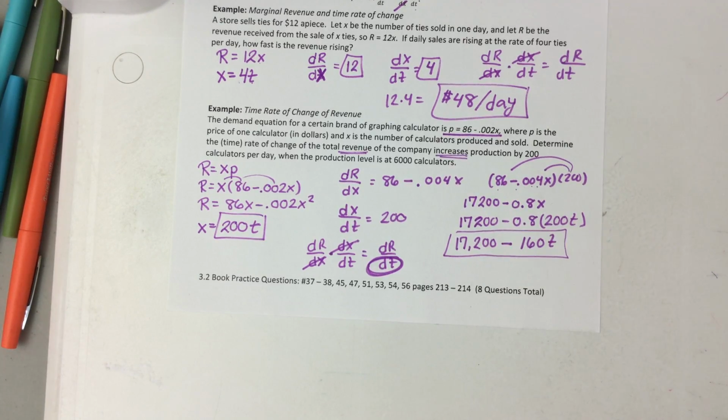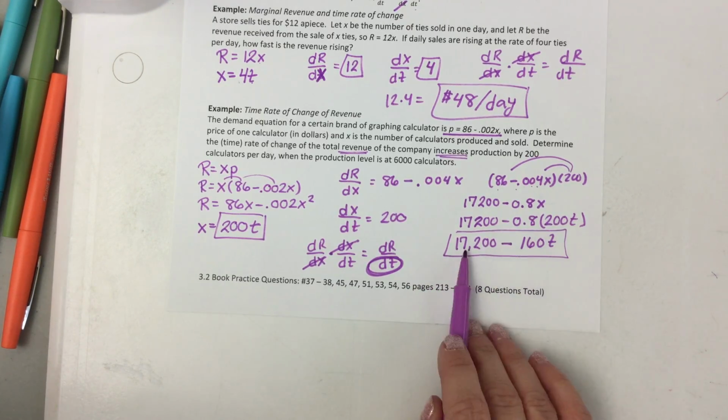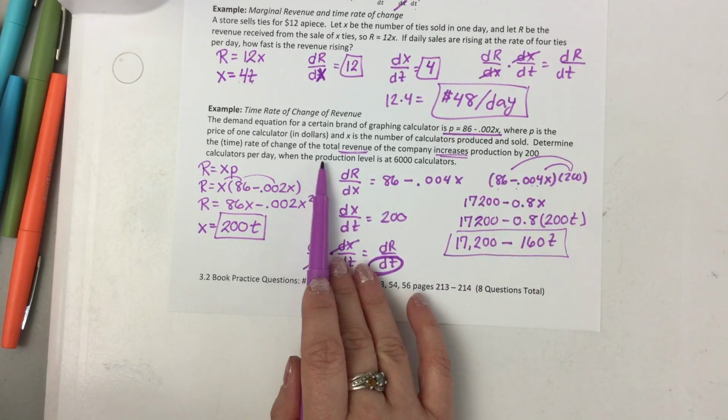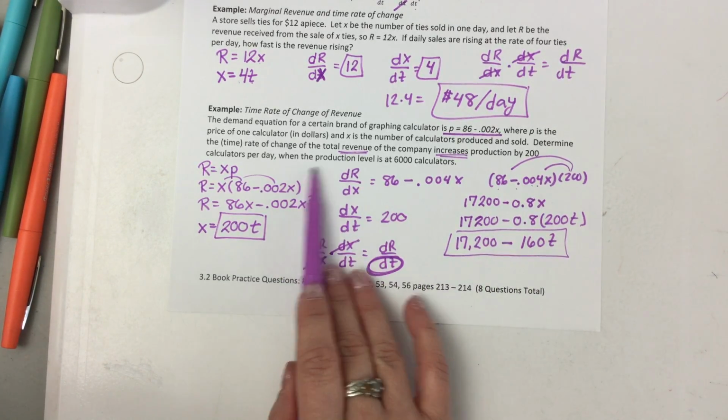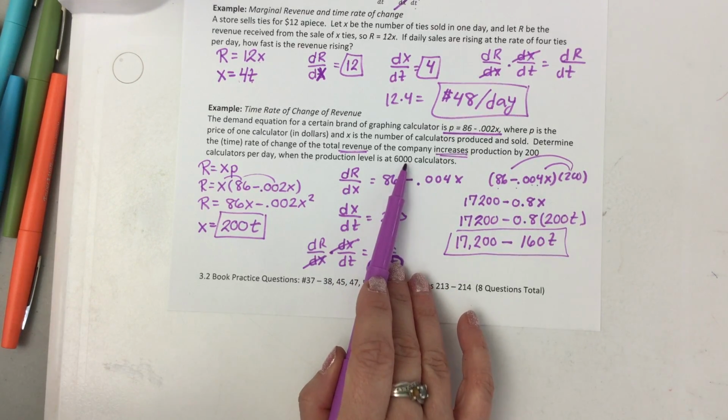Now we're not done, okay? Let's go ahead and keep looking. So this is the derivative. This is the change in revenue based off of time. Now it says when the production level is at 6,000 calculators.